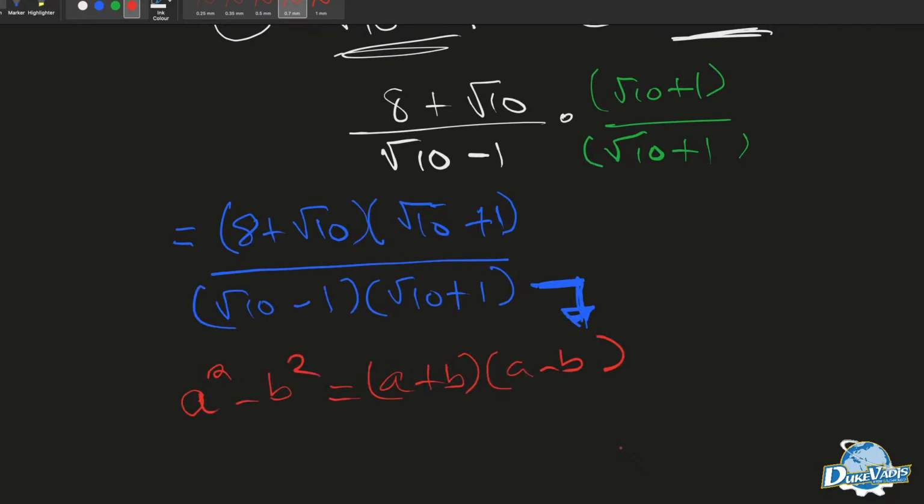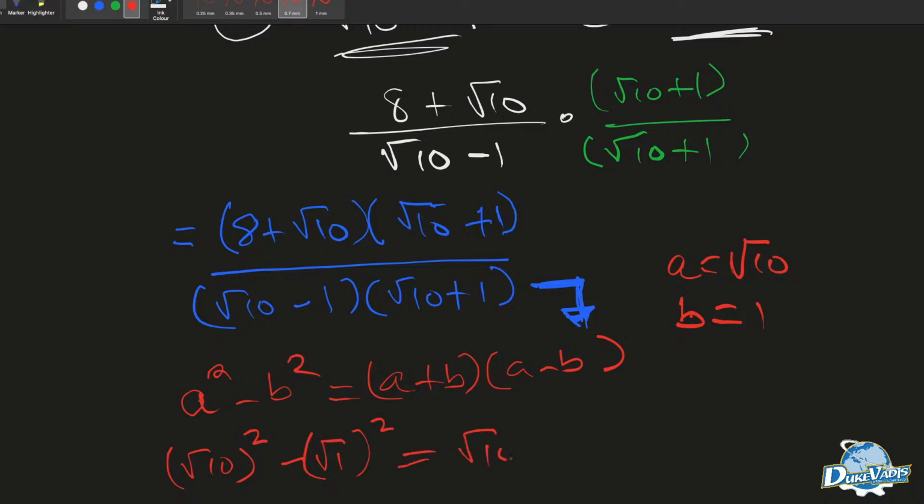So over here, our a is root 10, and our b is 1. So when we put this in the equation, we get root 10 squared minus 1 squared, and that will give us root 10 plus 1, then root 10 minus 1, which is the same as what we have here.